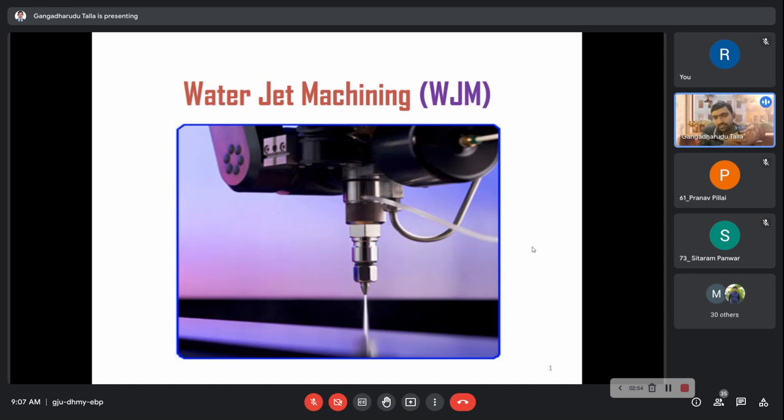Here water jet machining is mostly suitable for soft materials, not for very hard or high strength material. Because you can imagine a water jet cutting the material; for that we need a high intensity water jet. Even with that, we cannot cut very hard, high strength materials.